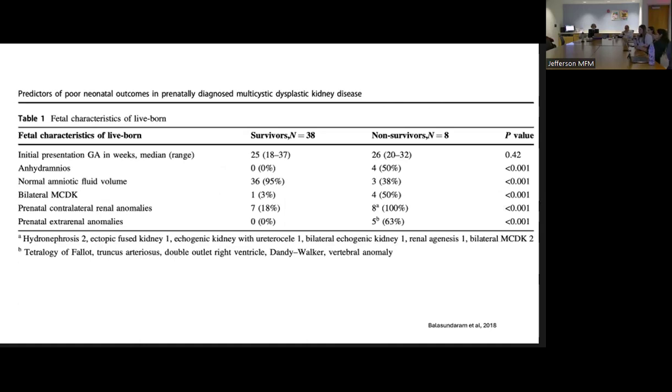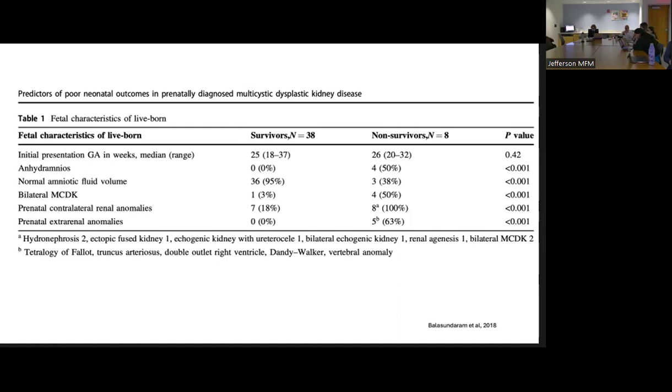So this table looks at the predictors of poor neonatal outcomes in prenatally diagnosed multicystic dysplastic kidney. Again, our survivors are about 83%, our non-survivors about 17%. Anhydramnios, bilateral MCDK, and extrarenal anomalies were significantly more common among the non-survivors compared to survivors.